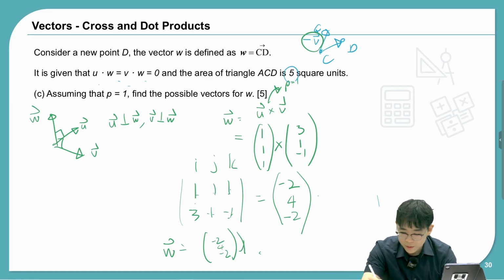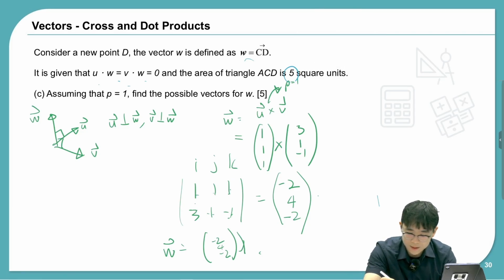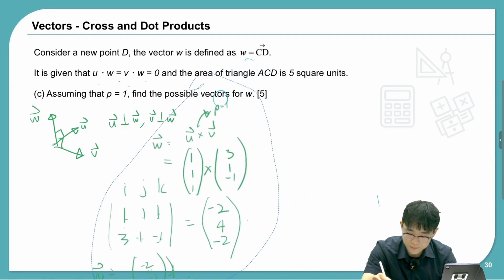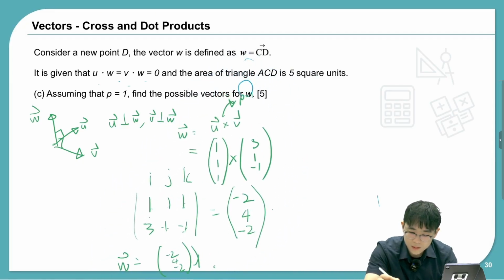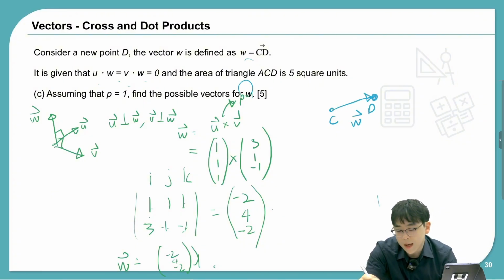So let's say that w is given by vector CD. If you were to draw this, we would get C and D, so that's vector w. And vector v was AC, but we could say this is going to be -v, because we have CA.